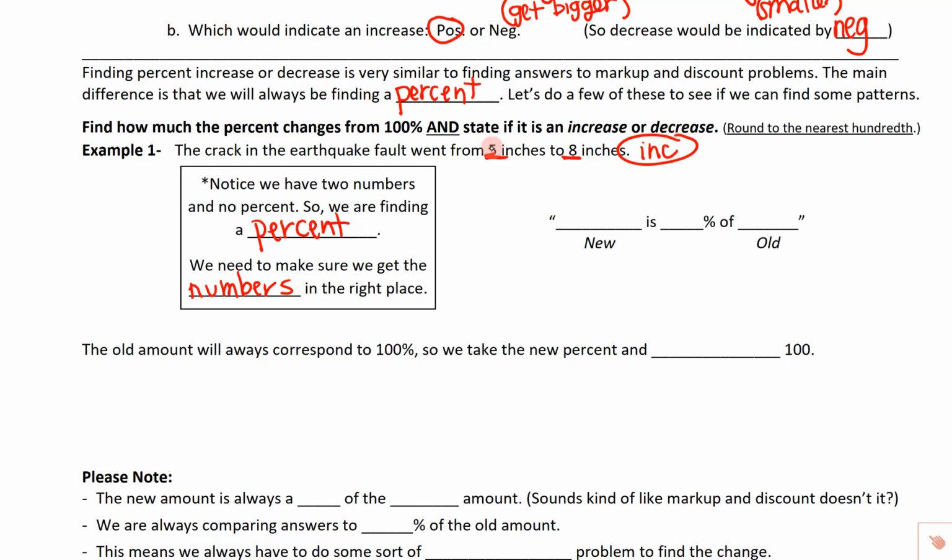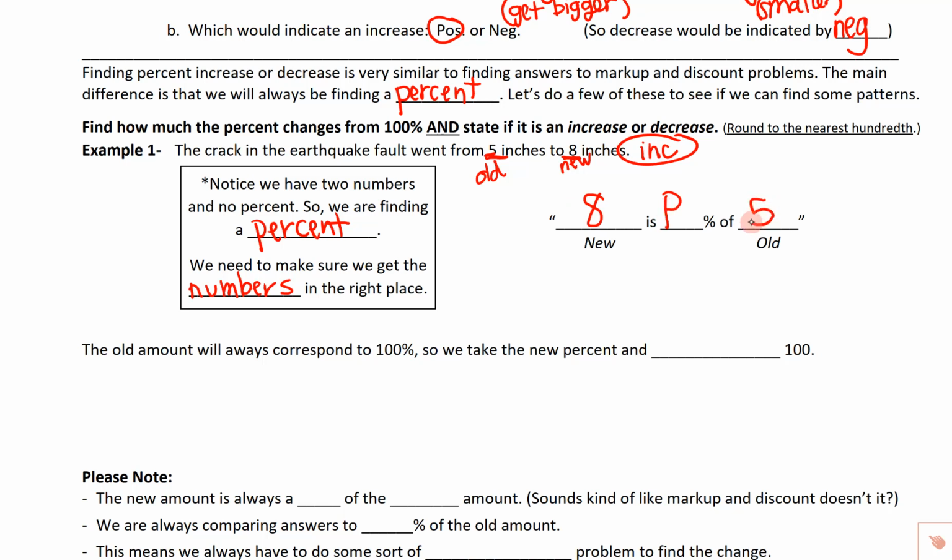So our 5 is our original, or our old. Then it moved to 8 inches, so that is our new. Some people try to find a pattern and think it always goes in that order. No, read the problem and make sure. So the new goes here: 8 is, and percent is what we're finding, so we'll use P for percent of 5.